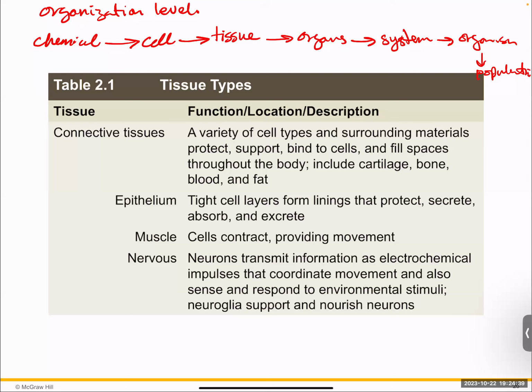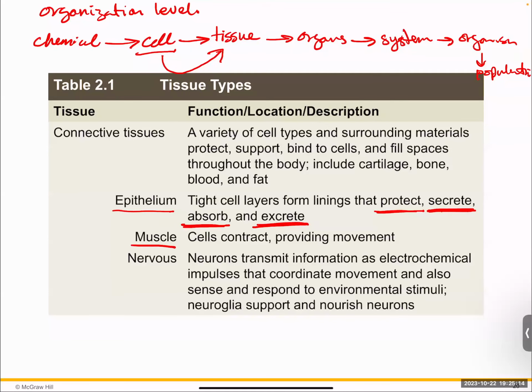This is the path of organization from the most simple to the most complex. Now, we have spent time talking about cells, and cells combine together to make our tissues. As I mentioned, there are four major types of tissues. Epithelium is one of the more basic types, important for protection, secretion, which means releasing something, absorption, which means bringing something into the body, and excretion, like removal of waste.